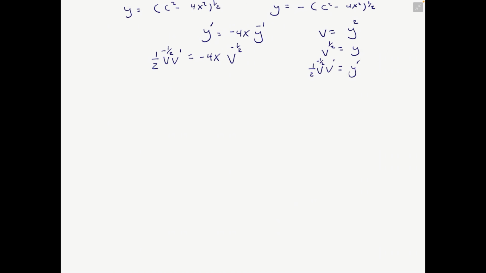That means our multiplier is 2 v to the 1/2. And that isolates v prime equals minus 4x.